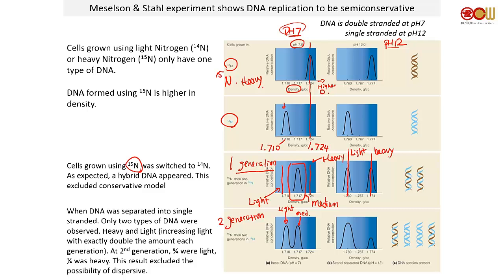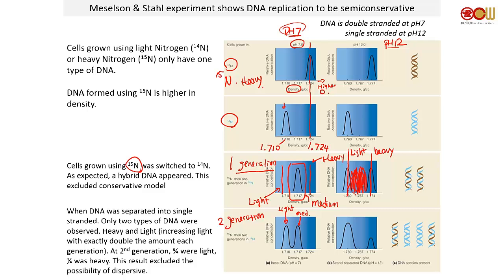Why? Because if it's dispersive, then each strand of the DNA will be a mix of heavy and light. So every strand will be like here or here or here. You'll have a mixture. If it's dispersive, you will have a mixture of DNA that's in the middle.